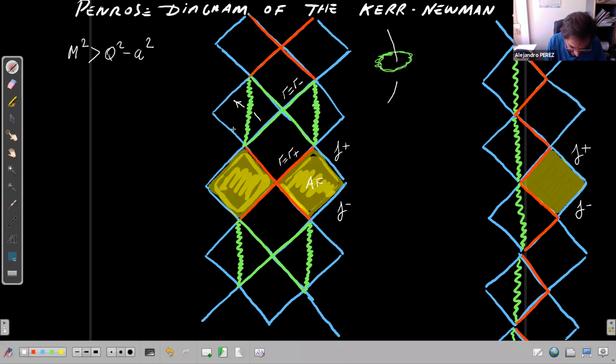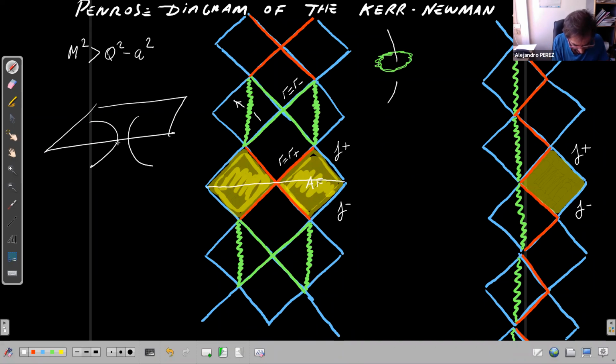These little pieces are also crazy. Inside here, you have also closed time-like curves and strange things happen. Then, of course, if you look at the Cauchy surface like this one, then it has the familiar wormhole topology, like in the Schwarzschild case.